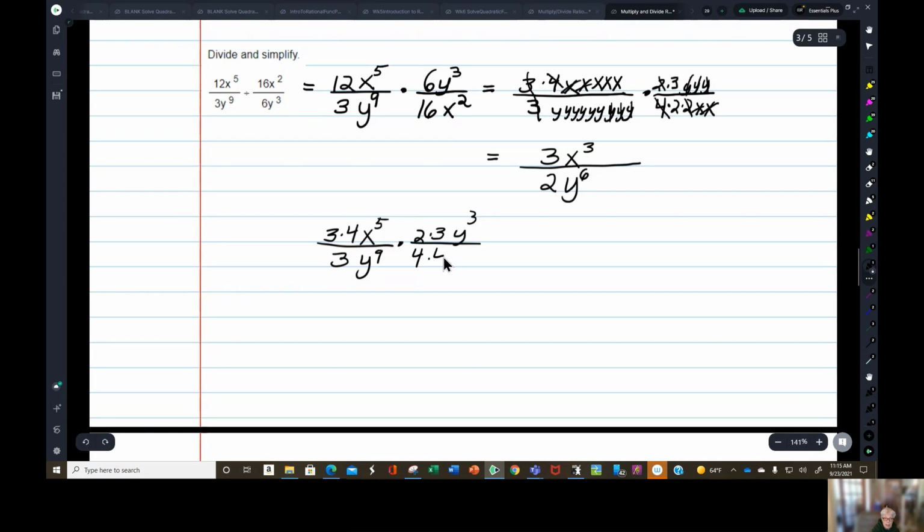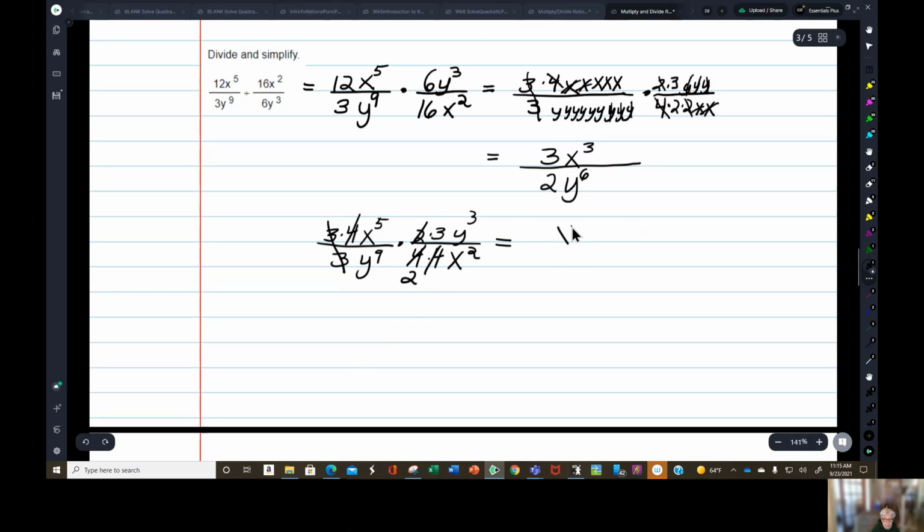I'll just leave it that way, times x squared. If we take care of the numbers first, 3 and 3, 4 and 4, and 2 goes into 4 2 times. So I'm going to put a 2 right there.